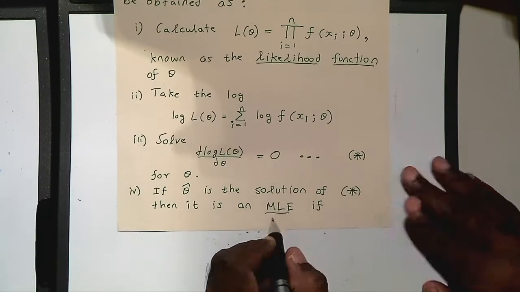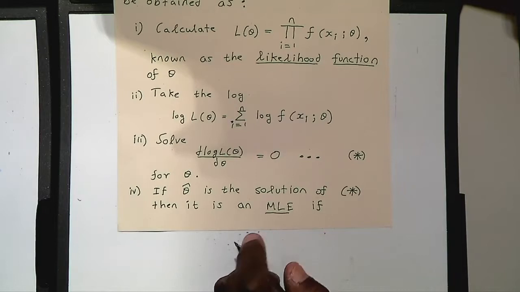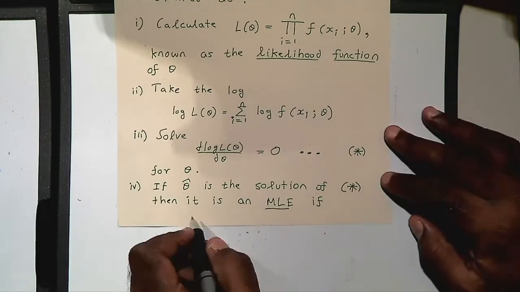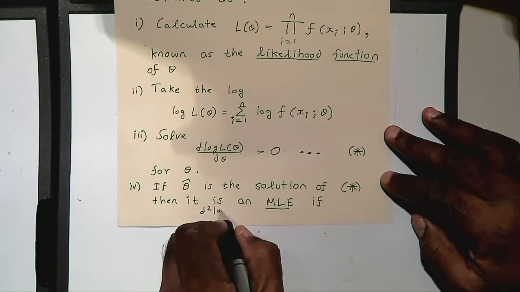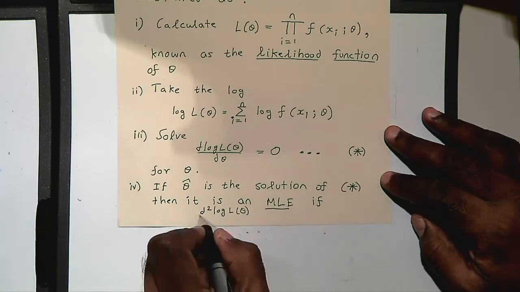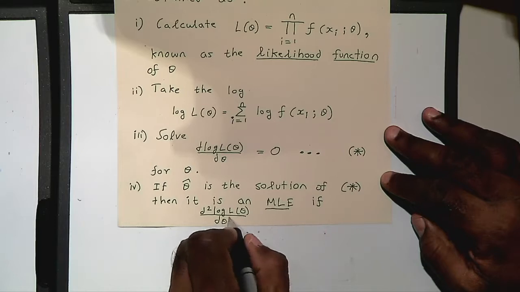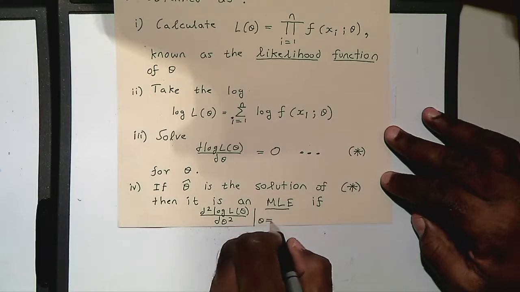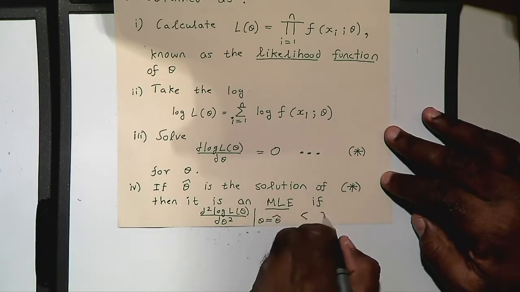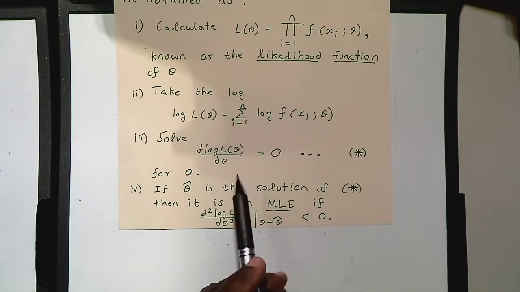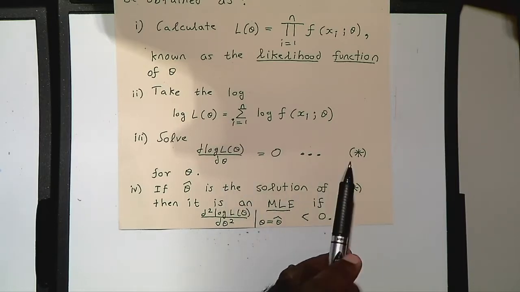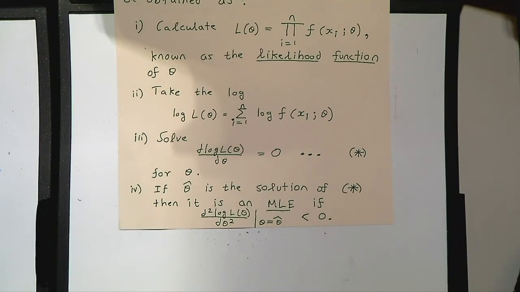Here MLE stands for maximum likelihood estimator. Sorry, I need to squeeze this in. So if the second order derivative of the log likelihood at theta equal to theta hat is negative, then the solution of this equation star is a maximum likelihood estimator.